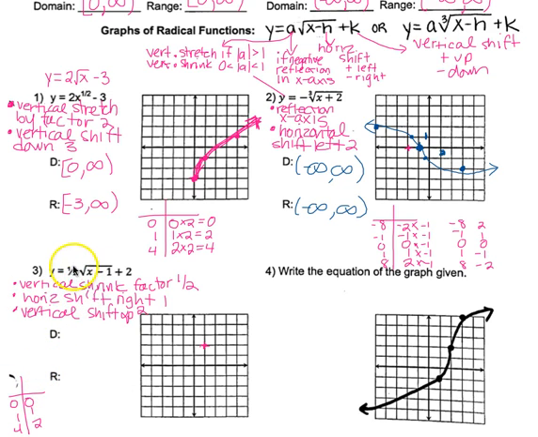I'm going to be multiplying by the A, which is 1/2, so times 1/2 on all of these, which this guy stays 0. This becomes 1/2, and 2 times 1/2 is 1.